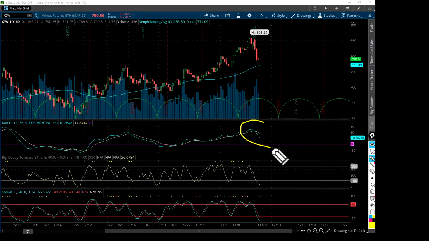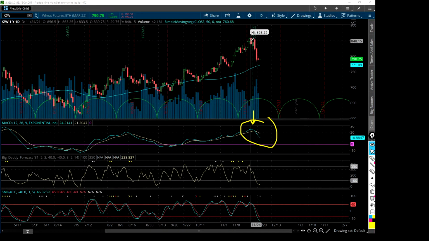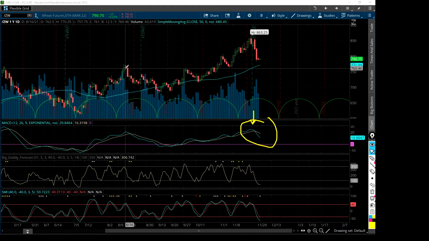So take a look at this. First of all, this is higher. Let's see, where was that peak? Give me a second here. That was at like 24. And this peak was 20.